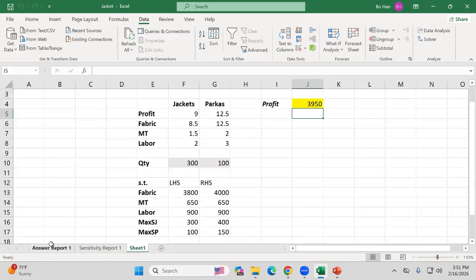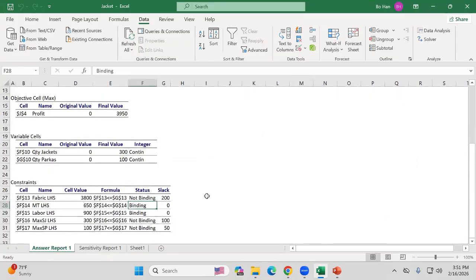That's why we need to structure the analysis. This is the overall purpose of the answer report. Inside of the answer report, we can analyze so much information. Status of the constraint, how many resources we still have. And of course, you can see what is the best result you can reach? What are the values of the decision variables? All good?